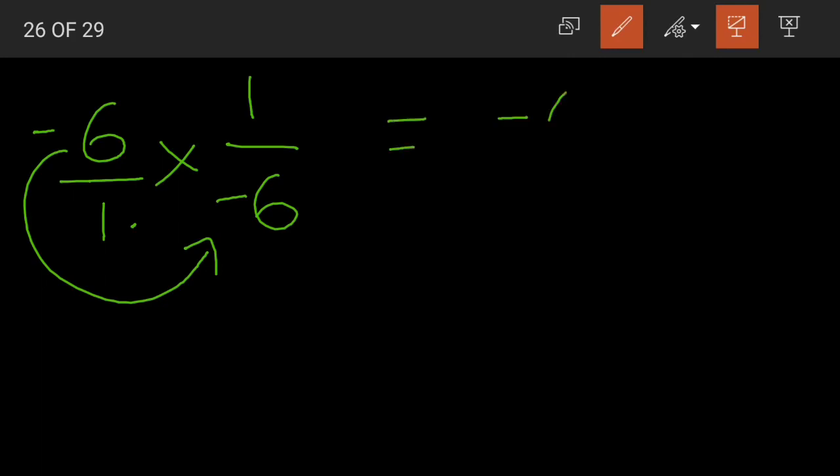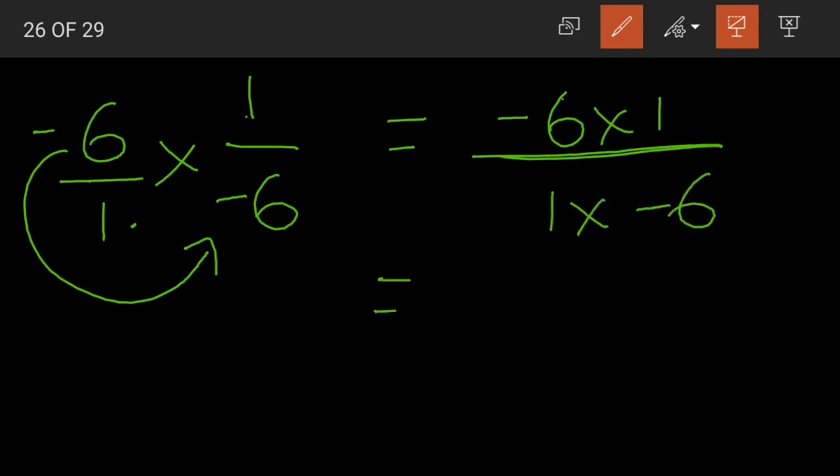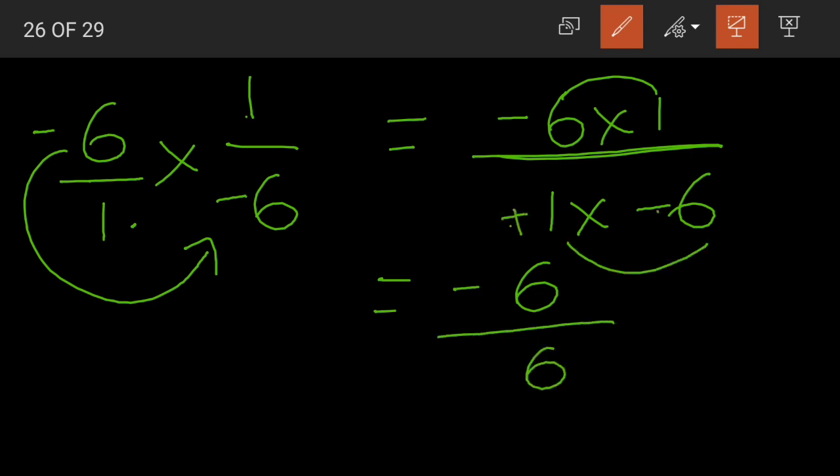How do we solve this? We will multiply the numerators first. Minus 6 into 1, divided by, we will multiply the denominators, 1 into minus 6. 6 1s are 6. Coming to the signs, both the signs are different, so the answer will be negative.